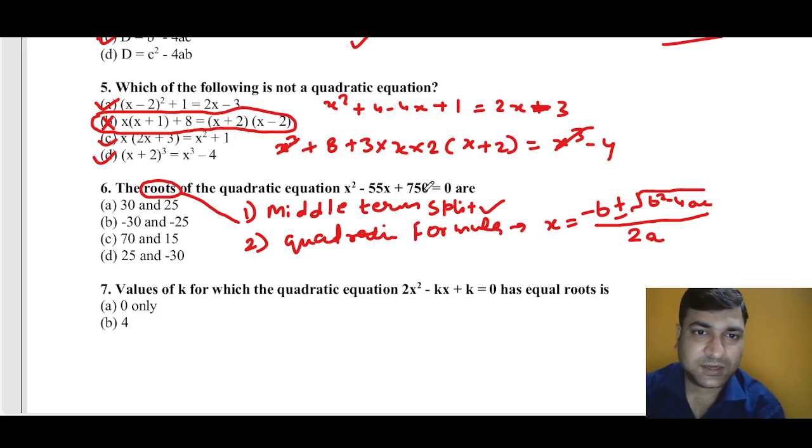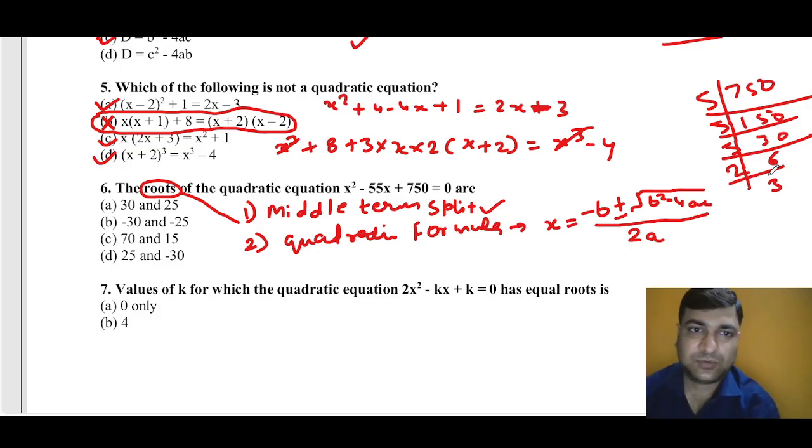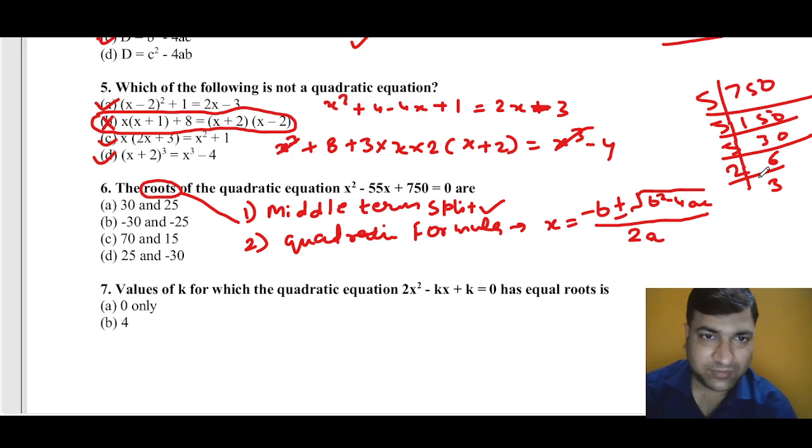So that is 750, the coefficient of 750, 5, 150, also 5, 30, then 5, 6, then 2 and 3. So when we add two numbers, we will get 55.